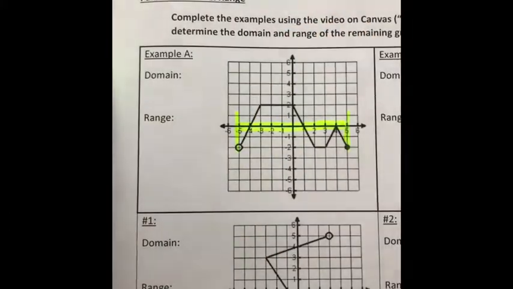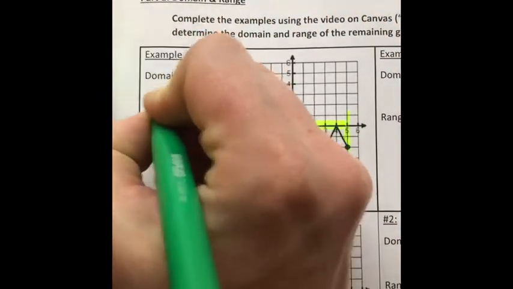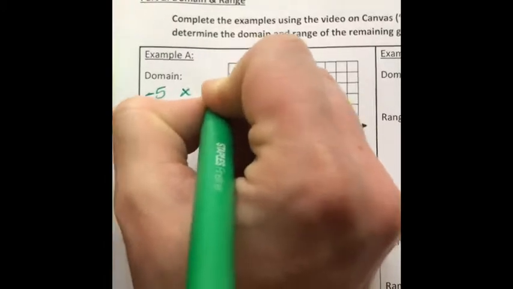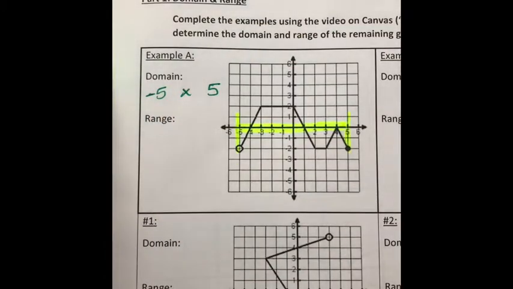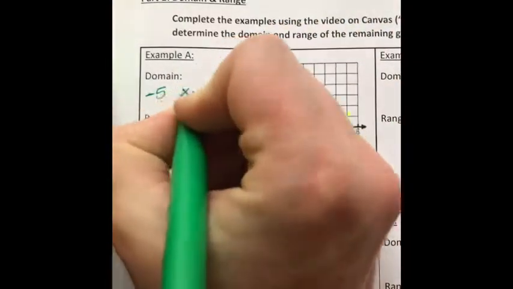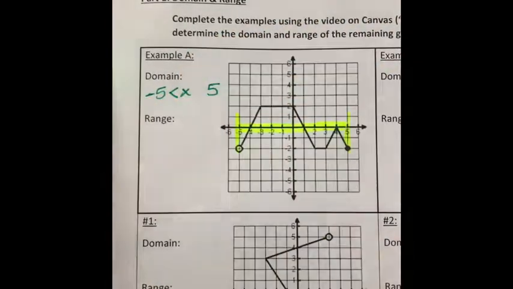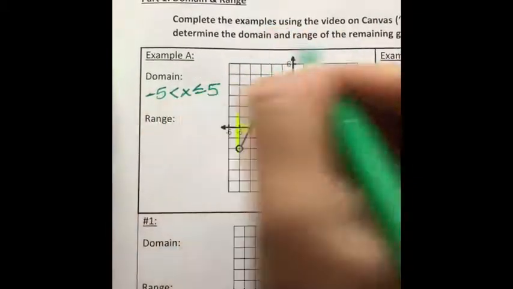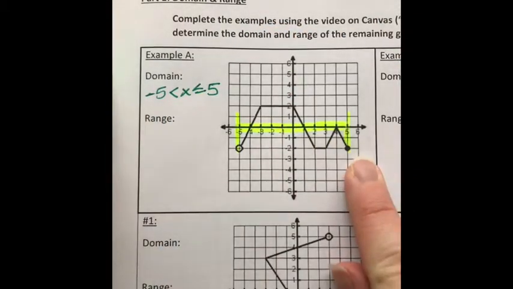So when I write my domain, I'm going to make sure that I have -5 on the left-hand side, x in the middle, and 5 on the right-hand side. And then here's the part where the open and closed circle comes in. The open circle means I don't include the equal sign. I do not put the equal sign there because it's not quite equal to that point. Not like on the right-hand side where I've got to put the equal sign because it's all filled in.